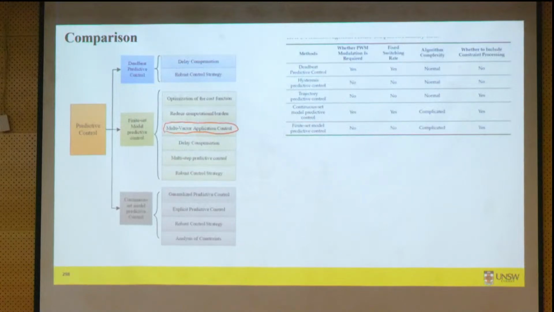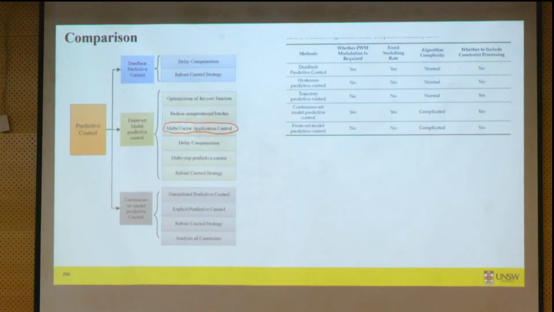If you apply only one space vector, that leads to those flux linkage ripple and torque ripple problems. So people are proposing to use more than one space vector, which is called multi-vector selection model predictive control. If you do that, it seems to improve the ripple.